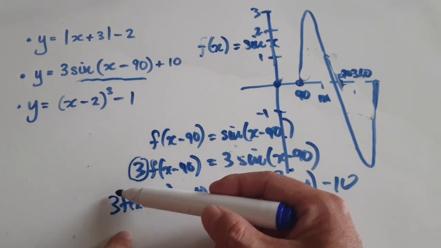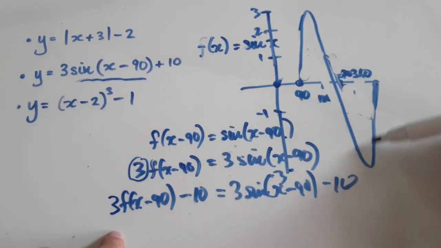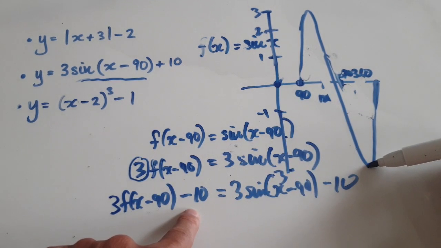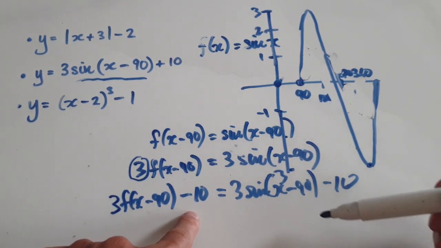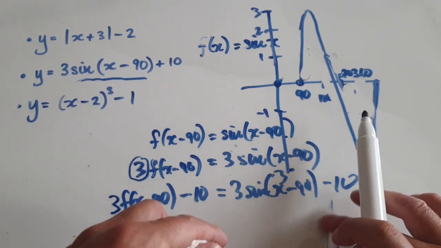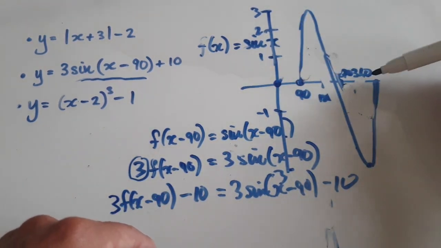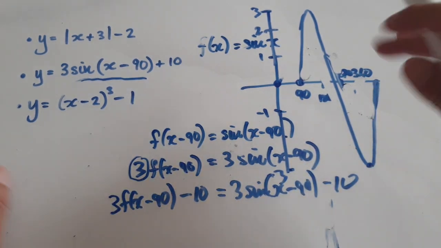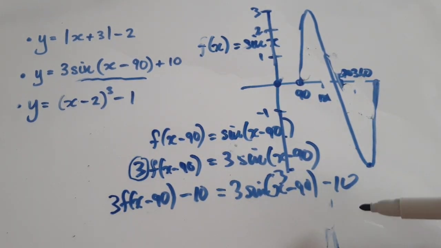It was the previous function, which is this thing here, drag it down by 10. So 3 is here, negative 3 is here, so you drag it all the way down there. So I'm just going to redraw this not to scale. Well, it's going to be this exact same graph but dragged down by 10. So you've got to imagine that I don't have enough room to draw it.